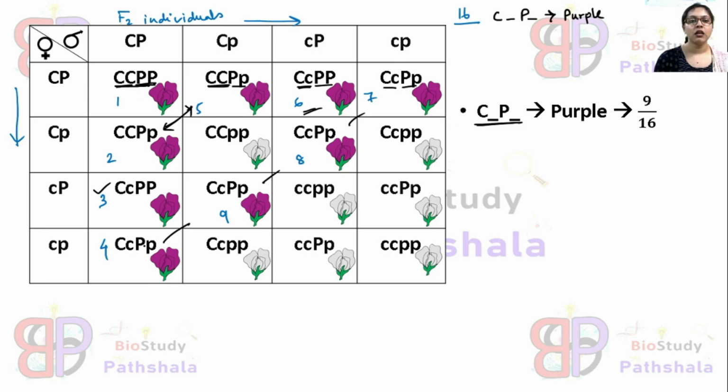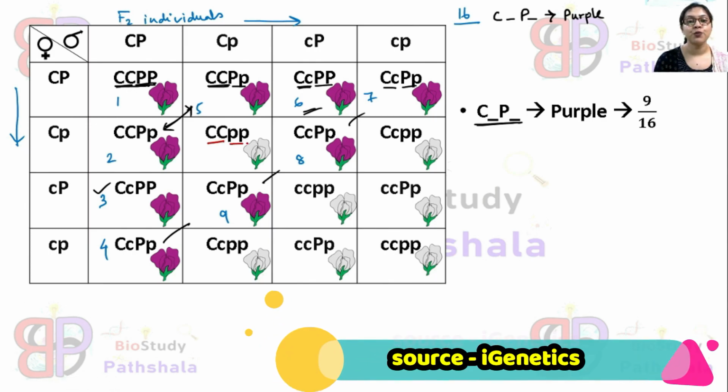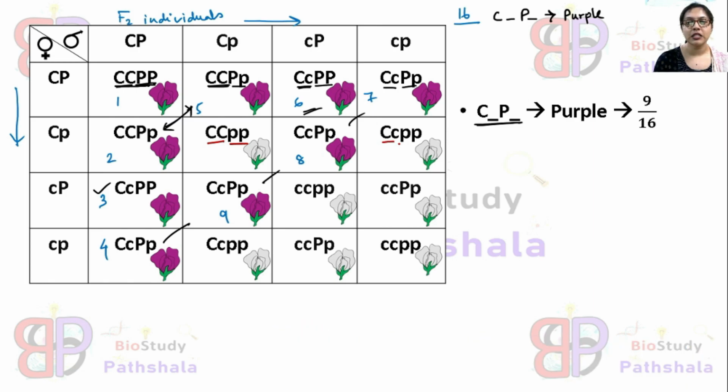You can see here as well. Now here capital C, small p, small p. Here you can see also capital C, small p, small p. That means the homozygous dominant condition of the C gene with the homozygous recessive condition of the P gene, or the heterozygous condition of the C gene with the homozygous recessive condition of the P gene.